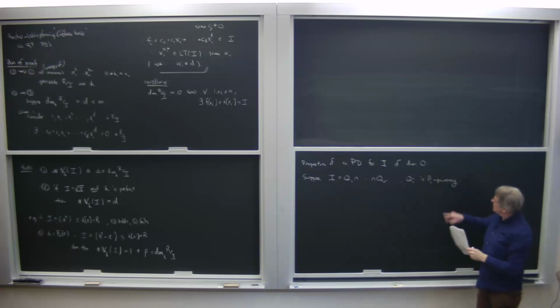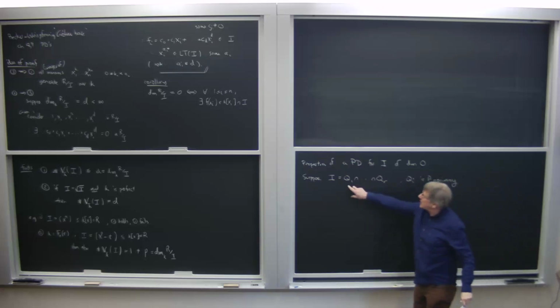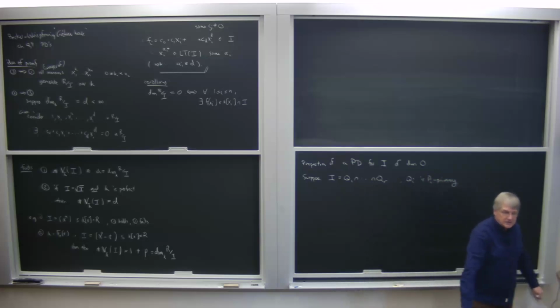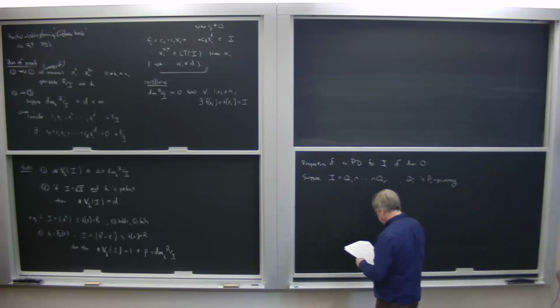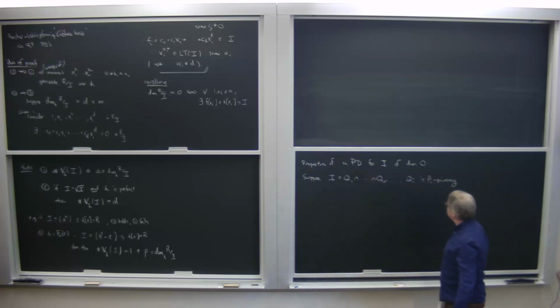What can I say? Some of these Pi will possibly be, in the usual case, minimal primes, and we have a bunch of embedded primes, and that's what we've got. So what happens here? Suppose I is dimension 0.